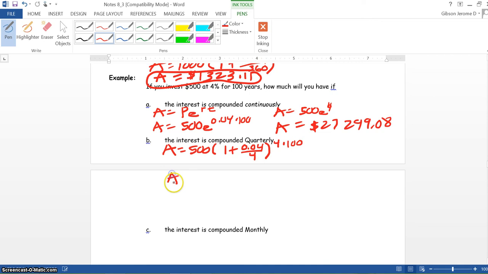So now we will have A is equal to 500 times 1 plus 0.04 over 4, which will give us 1.01, and 4 times 100 is 400. That will be our exponent. Now we will have A is equal to $26,762.06.